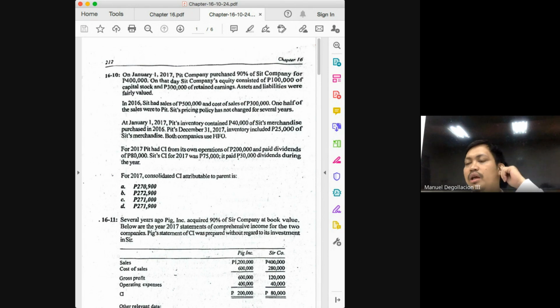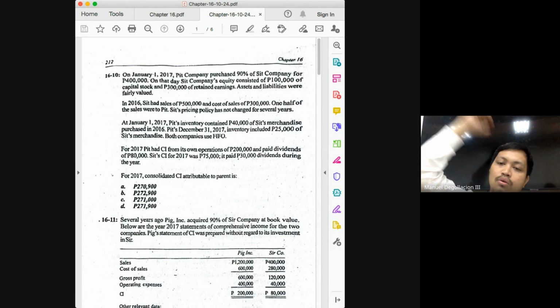So we have everything we need. 25,000 times 40% will give you how much? 10,000. And this 10,000 is the markup on ending. Again, the markup on beginning is added because it is already considered realized or earned this year, but it is not included by the subsidiary. The markup on ending is deducted because it is not yet considered earned, but it is already included by the subsidiary.